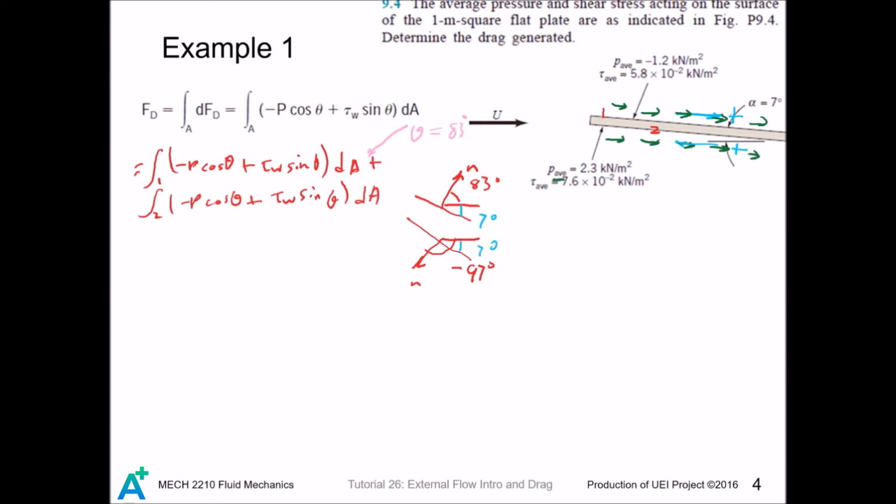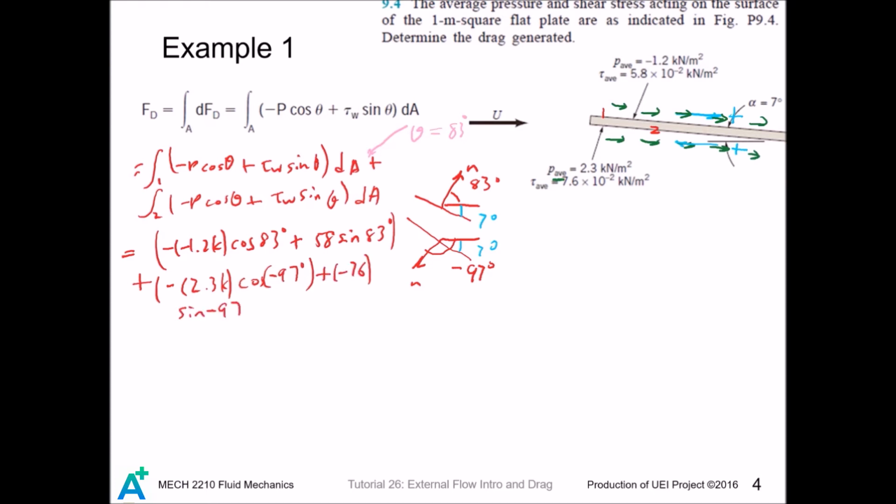So that we can now plug the values in. And for the bottom surface, and finally we have to multiply by the area. So we compute this long chain of numbers.